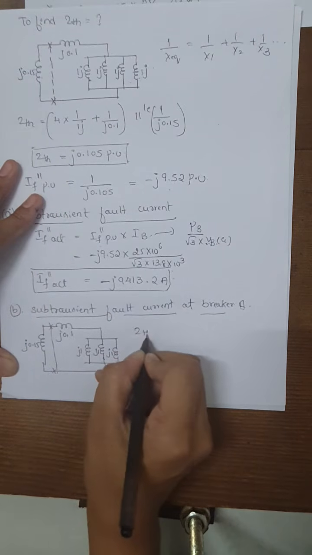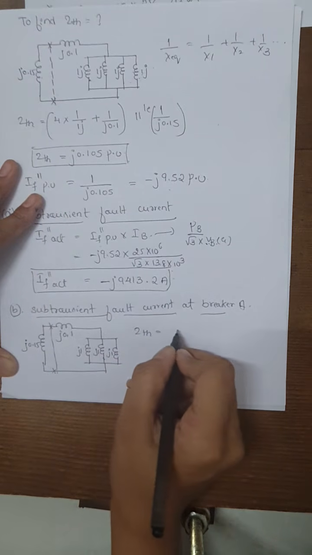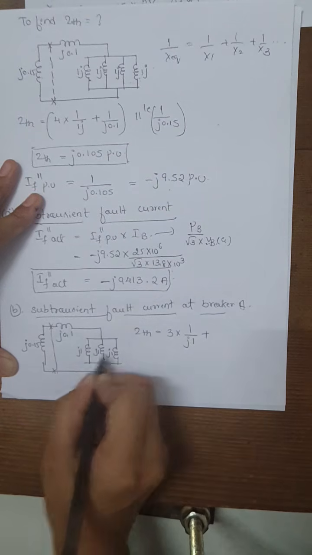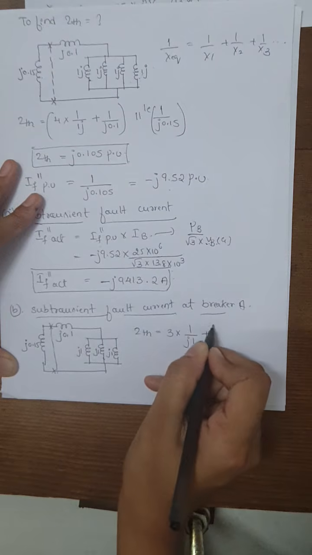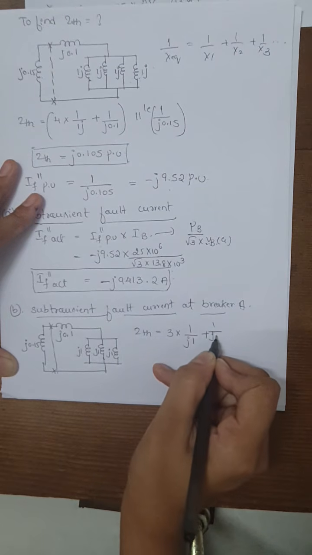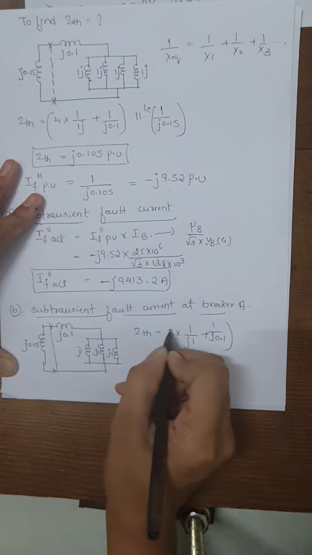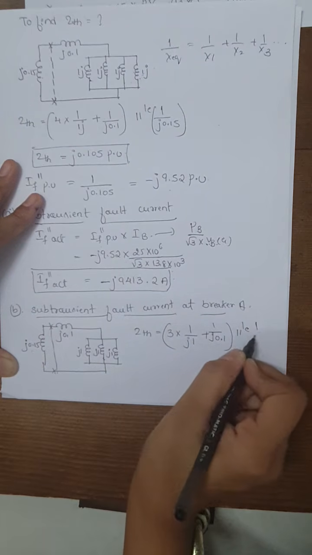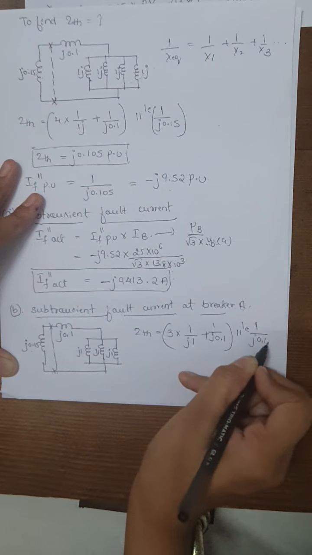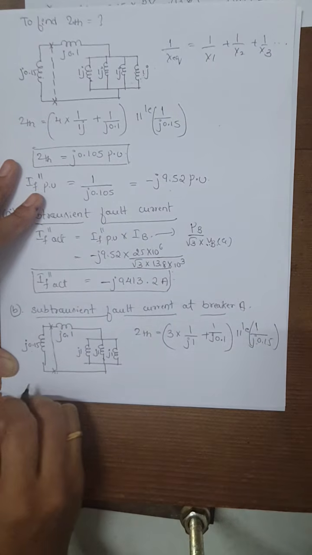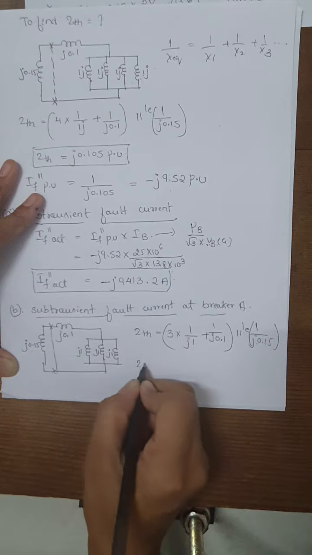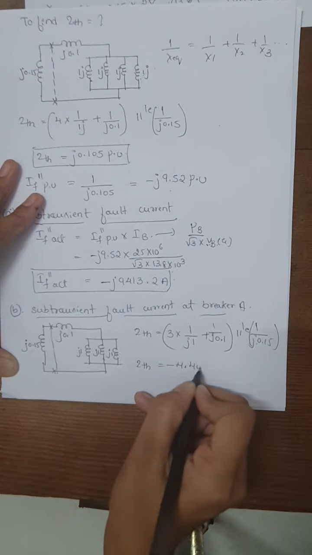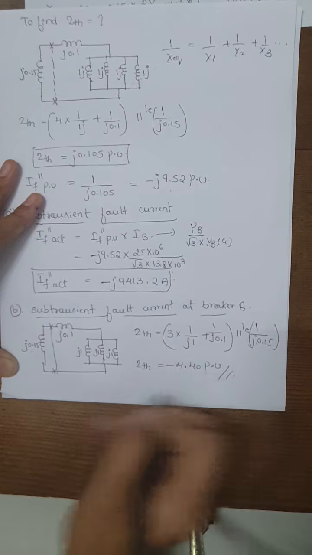So ZTH will be equal to 3 into 1/J1 plus the series reactance 1/J0.1, and it is connected in parallel with one more parallel reactance, that is J0.15. Now simplify this, we get the answer for ZTH as J0.227 per unit.